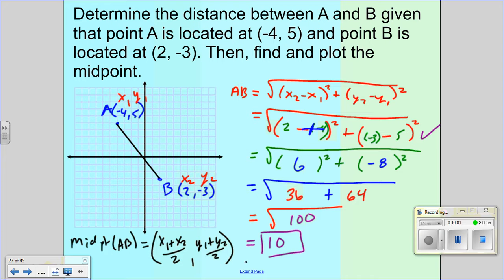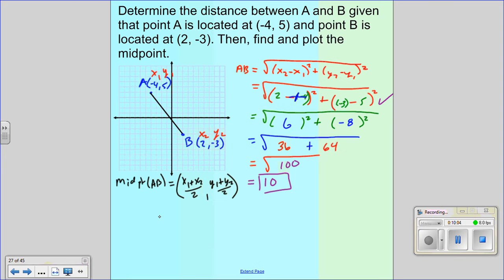That's the formula for midpoint. So, using the same x1 and x2, that would give me a negative 4 plus positive 2 for the x's. For the y's, y1 is 5, y2 is negative 3.